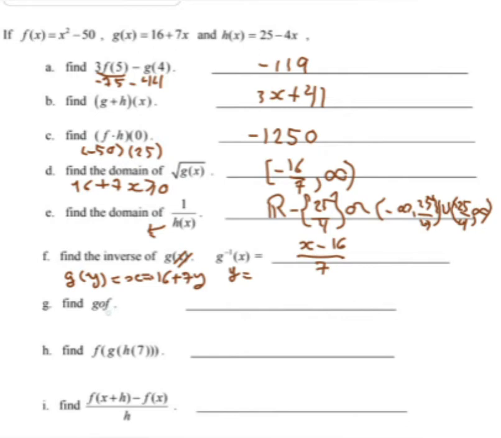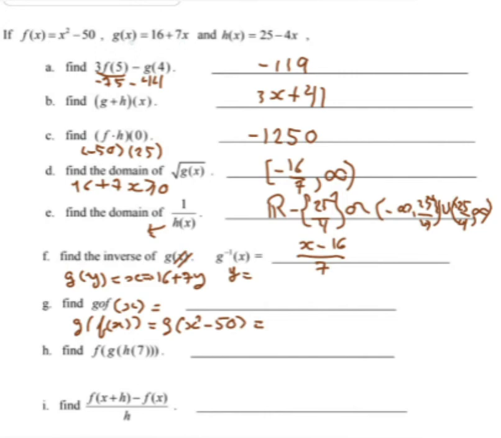Find g circle f of x actually. What is g circle f of x? By definition, this is g of f of x. What is f of x first? f of x is a squared minus 50. So what is g of a squared minus 50? Check. g of x is 16 plus 7x.